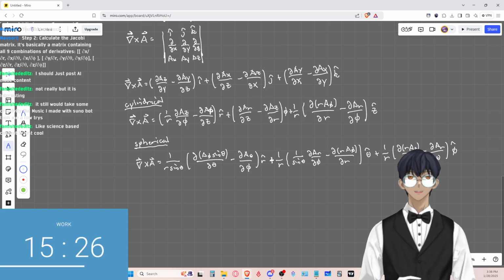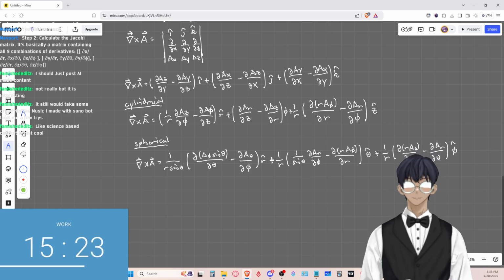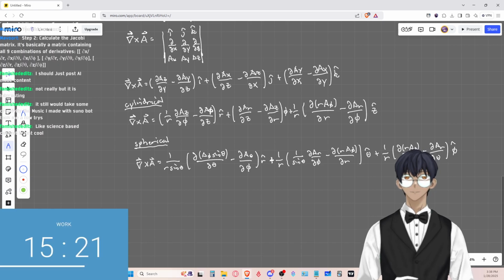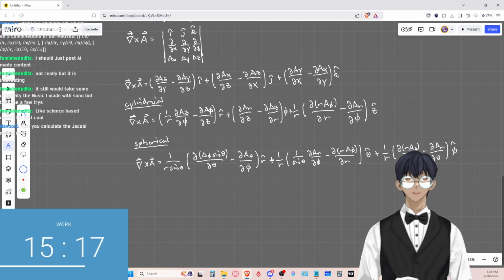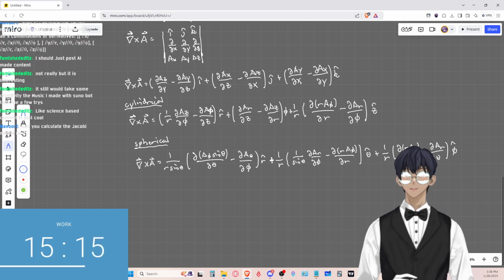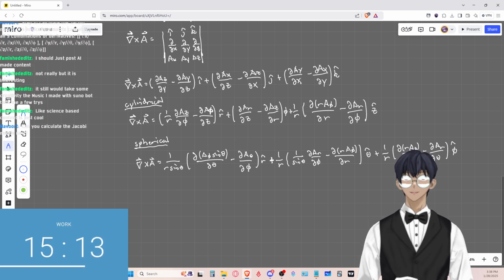Let's see here. I'm trying to read. To understand the physical basis of this result, consider again fluid flow, the paddle wheel analogy.